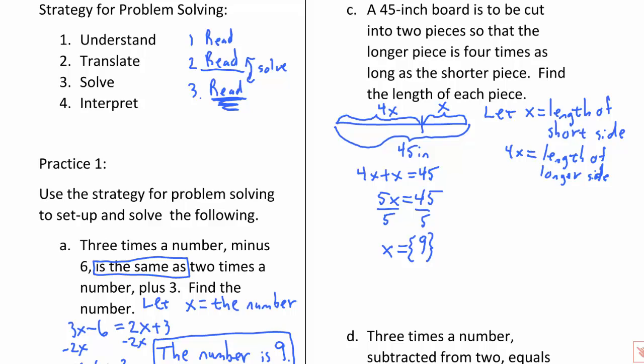Now, because 4x is the length of the longer side, that means that 4 times 9 is going to be the length of the longer side. So 4 times 9 is 36. So notice that x is 9, so x is the length of the short side, and 4x is the length of the longer side, so 4 times that is 36.